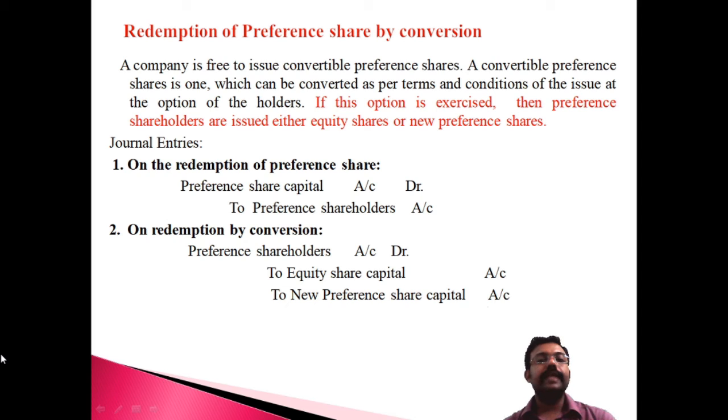If the option is exercised, the preference shareholders are issued either equity shares or new preference shares. That category of preference shares is known as the redemption of preference shares by conversion. Normally it's converted into equity shares.